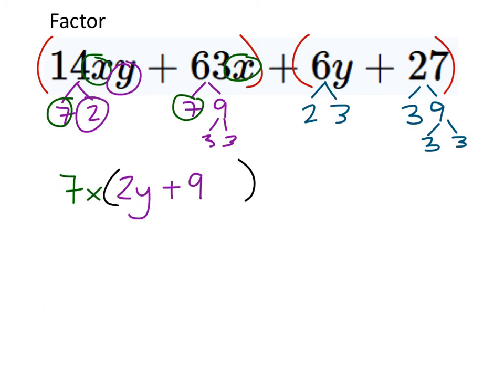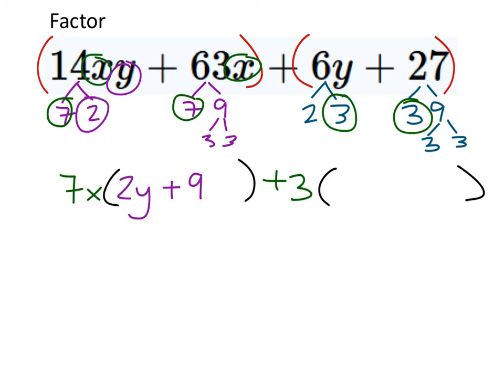So I can yank out from this, it looks like, 3's from these 2 terms. Those are positive 3's, by the way. And then we're looking at what's left over, and if things work out well for us, we should be able to have inside this other set of parentheses 2y plus 9, if we've done it correctly, all right?